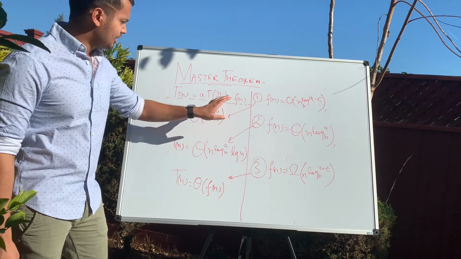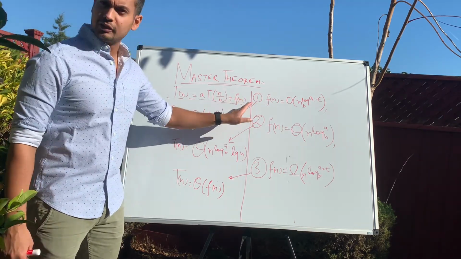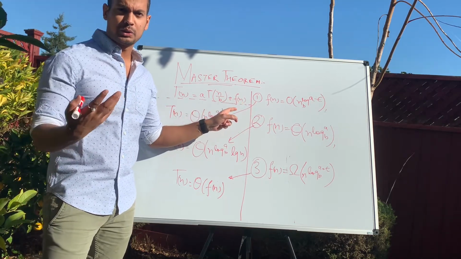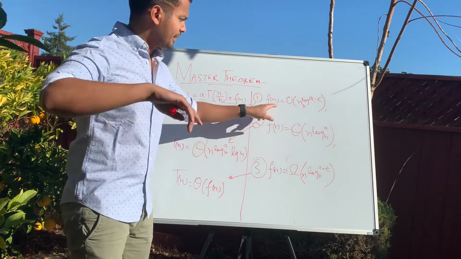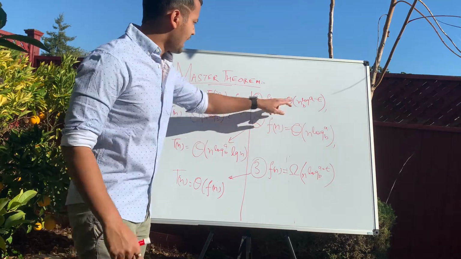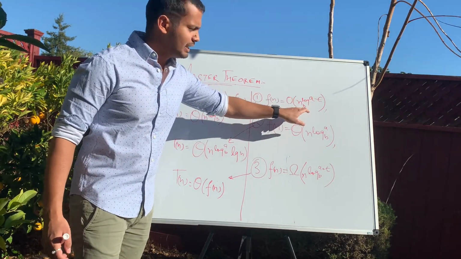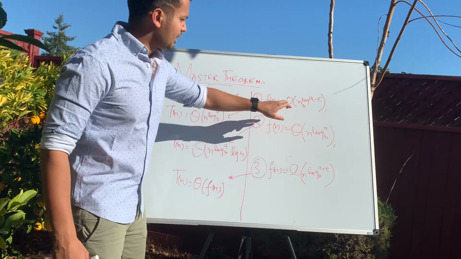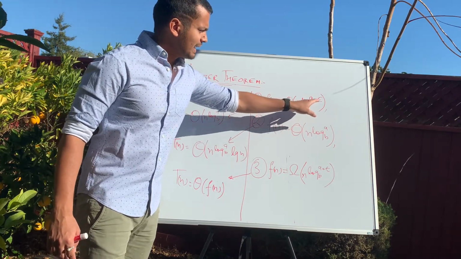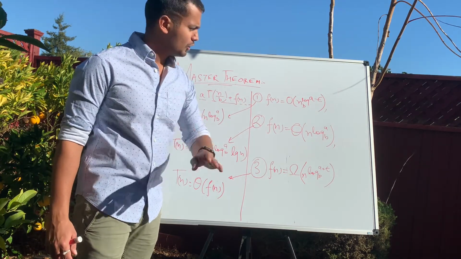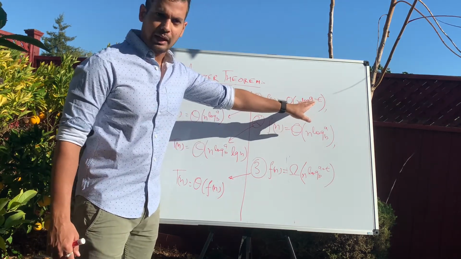This is how we compare both sides: f(n), the operations which happen at one single level, we compare that with n^(log_b a). So in case 1, n^(log_b a - epsilon), there's some epsilon constant greater than 0, which we subtract from the exponent.